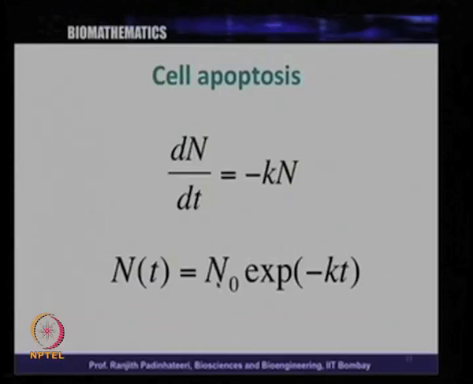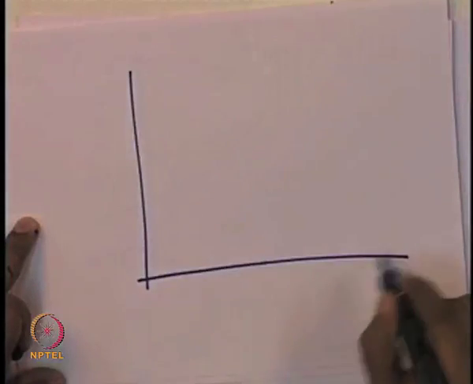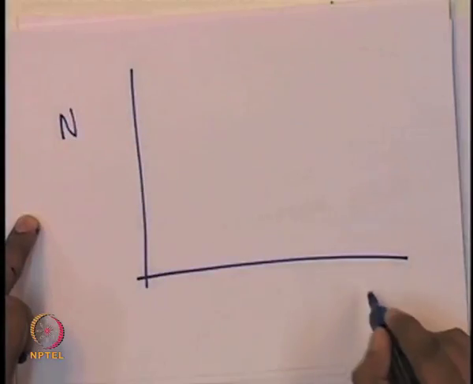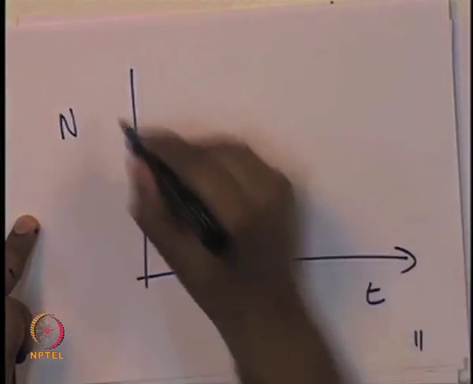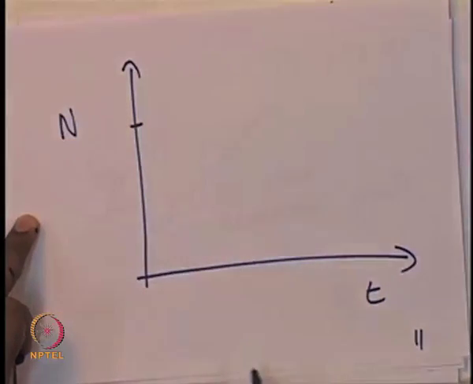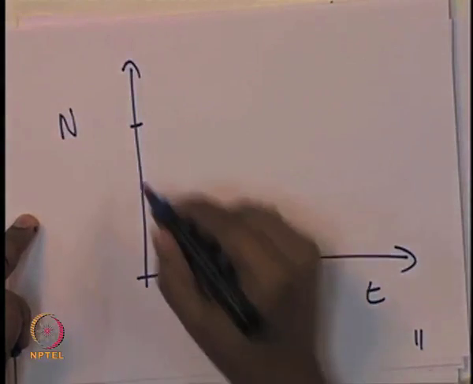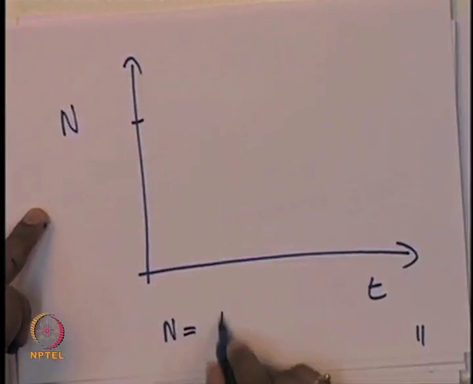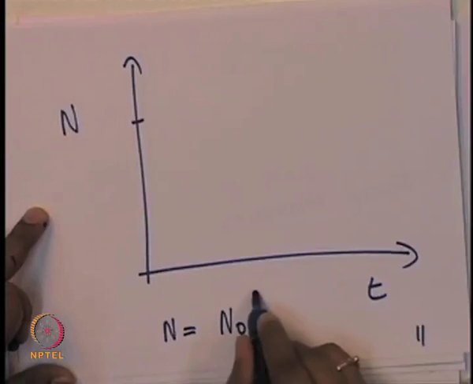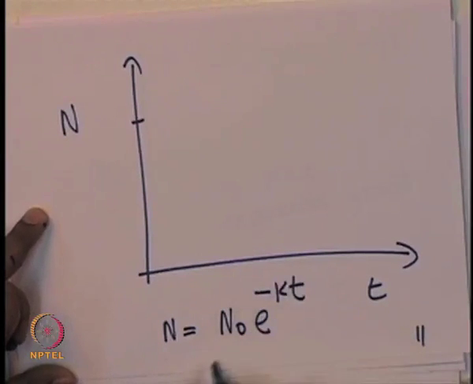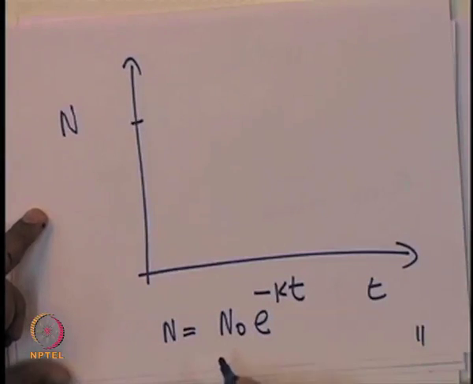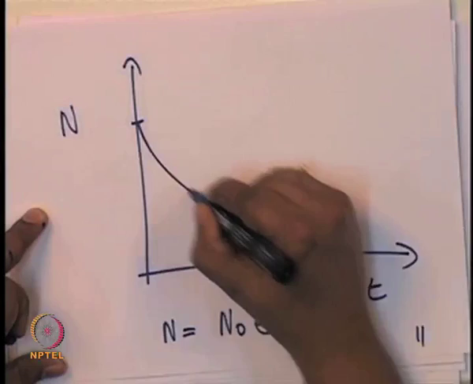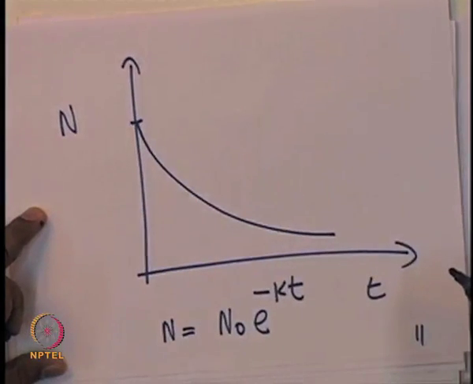So, let us look at here. We have N and t, and at t equal to 0 we have N0, that is this, and what we want to say is that N is equal to N0 e power minus kt, exponential minus kt, and that will look something like this.